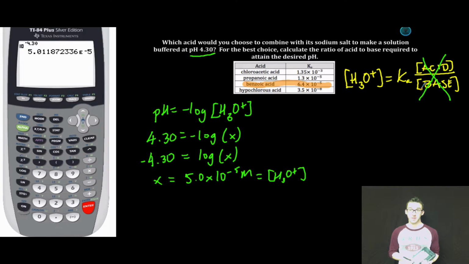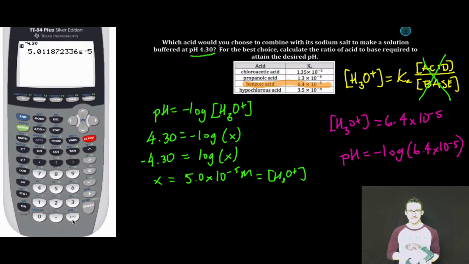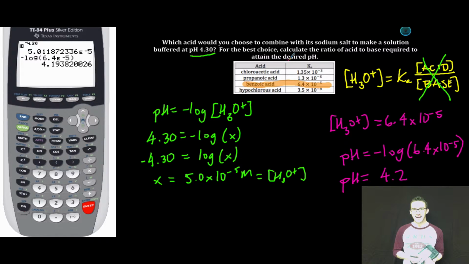So if I prepared a buffer with equal parts weak acid, our benzoic acid, and its conjugate base, the benzoate ion, my hydronium ion concentration would equal 6.4 times 10 to the minus 5. And the pH of a solution that has a hydronium ion concentration of 6.4 times 10 to the minus 5, boom, quick jump to my calculator, negative log, 6.4, second E, negative 5, close parentheses, answer. The pH would be a little lower than I want, about 4.2. And the desired pH is 4.30.